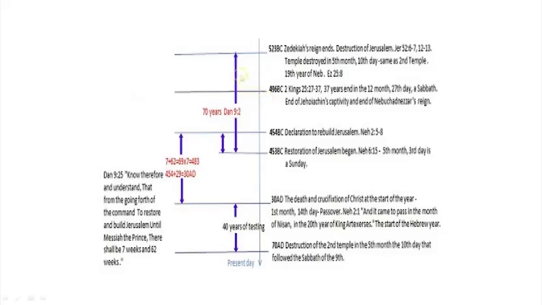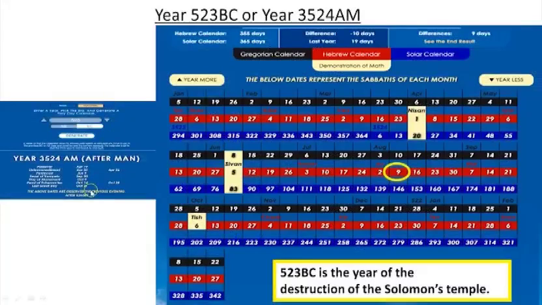And when we add that 70 years to that, we end up with the year 528 BC. Let's take a look and see what we see when we look at the calendar generator for 523 BC. And this is what we find.